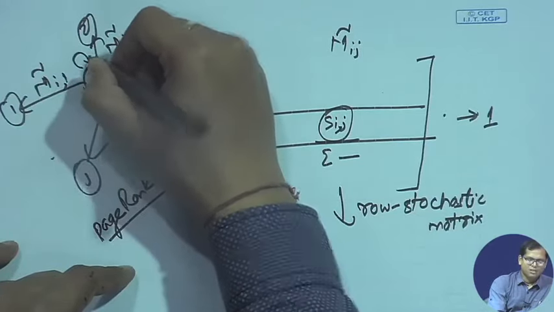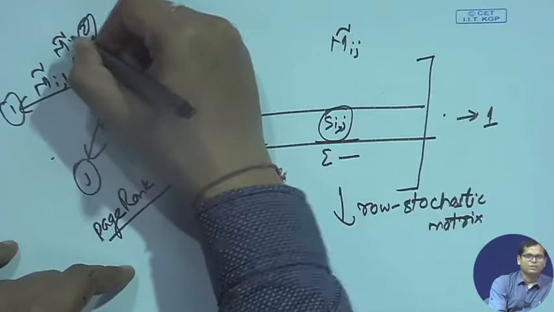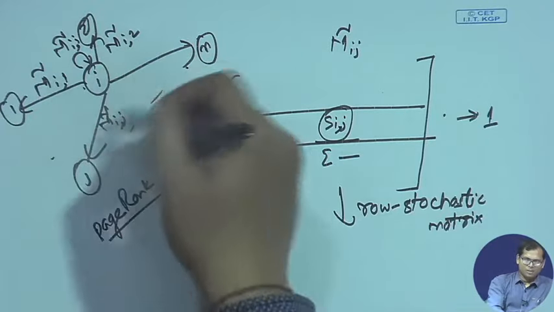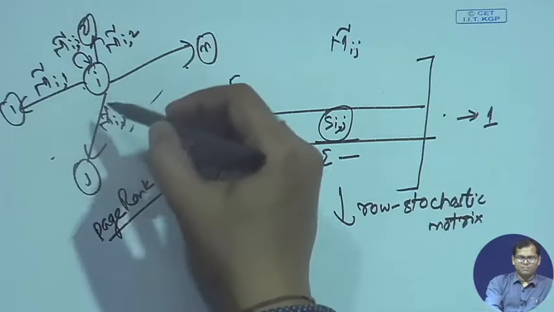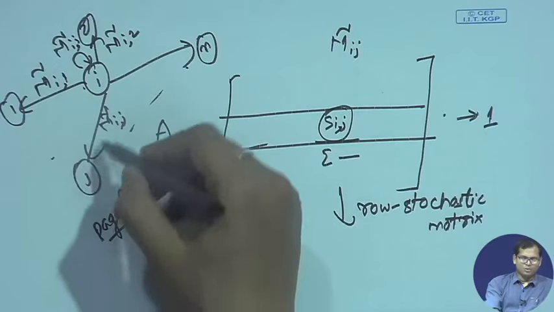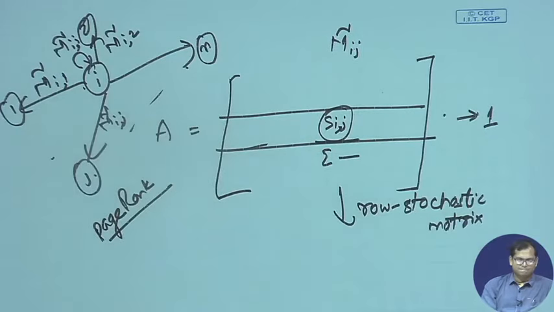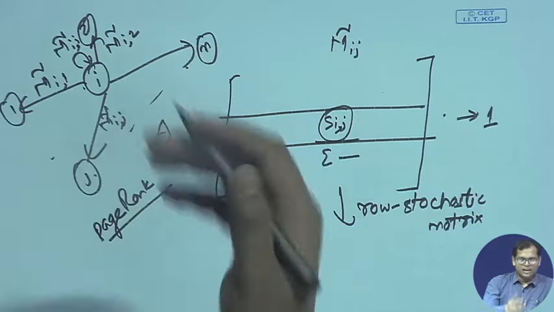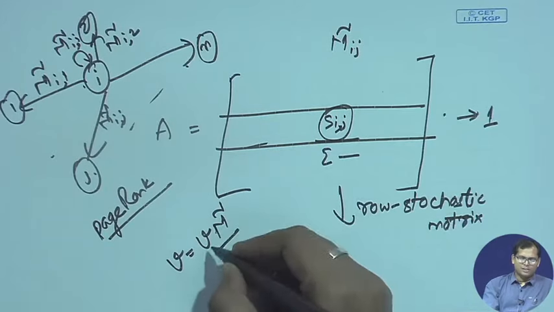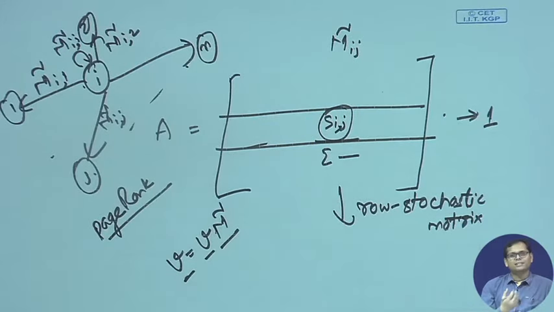There may be some probability of it staying here, M tilde ii also. So you have a distribution, and you will sample some node and go to that. Suppose you go to node j, then you start from there. This is a random walk that you do, and when you do this random walk, it converges to something like v is equal to v M tilde. Okay. So v is the actual PageRank vector that you are obtaining from there.